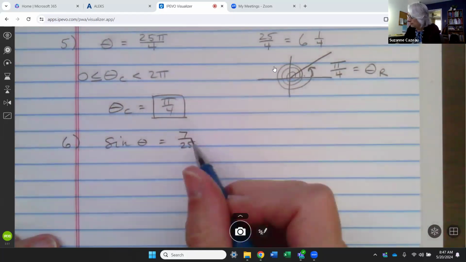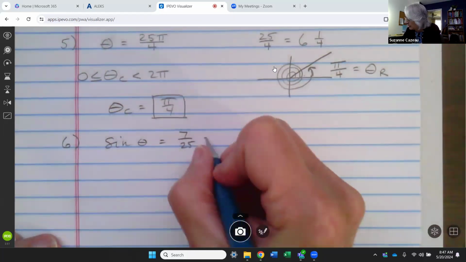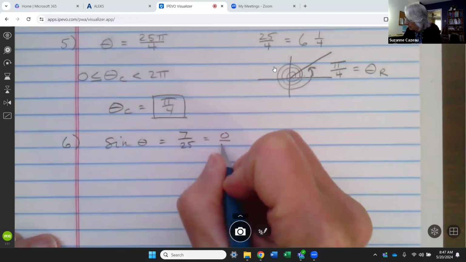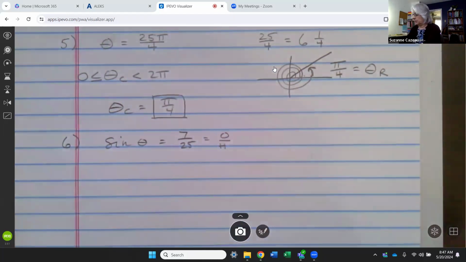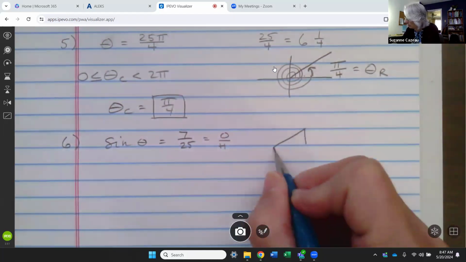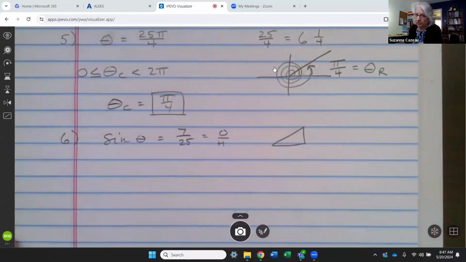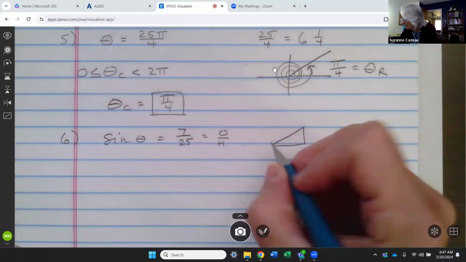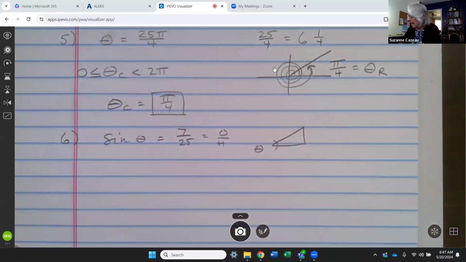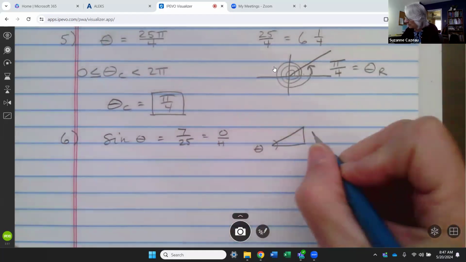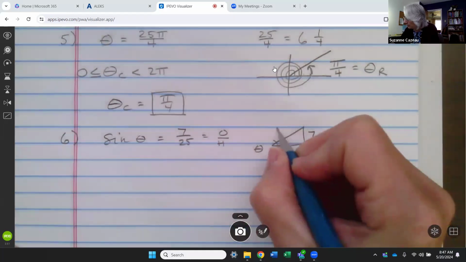Okay, so now I know that the sine is opposite over hypotenuse. So I'm going to go ahead and draw my triangle. You know, this is all about triangles and which way to go around a circle, really. So here's my theta. Opposite the theta is going to be 7, and the hypotenuse is 25.